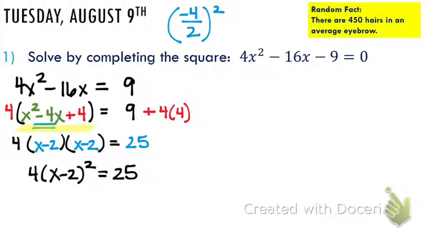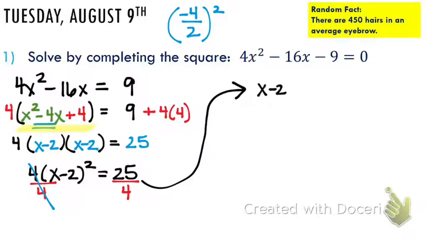Now we have to eliminate the 4 in front of the parentheses. So I'm going to divide by 4. So that cancels out. So I have x minus 2 squared equals 25 over 4.